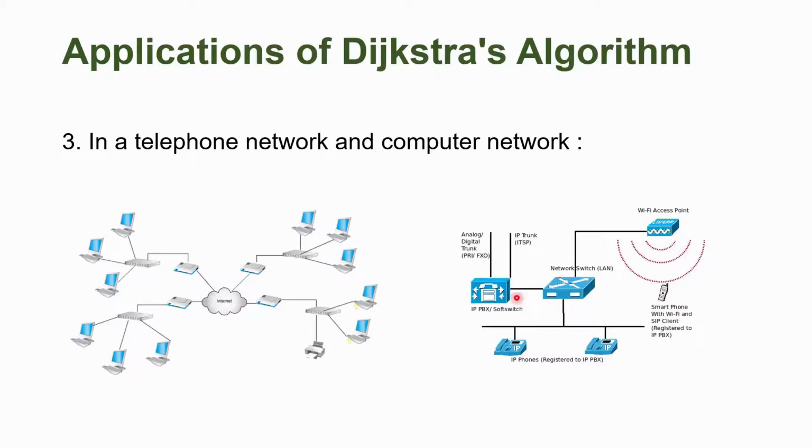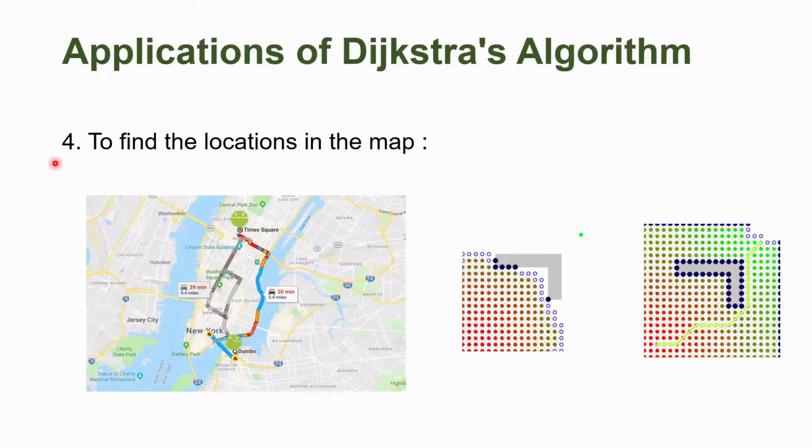And in computer networks, it usually deals with internet connections. So it uses Dijkstra's algorithm to find the shortest path between two nodes, and here the node is the computer or any other machine which is connected to your internet. Fourth one is to find locations in the map.